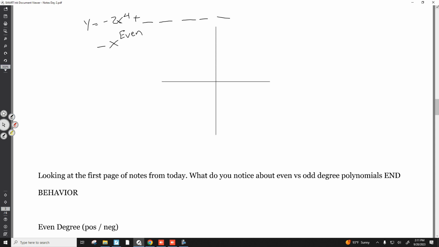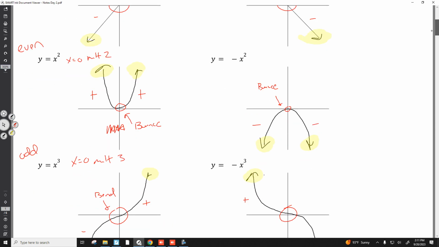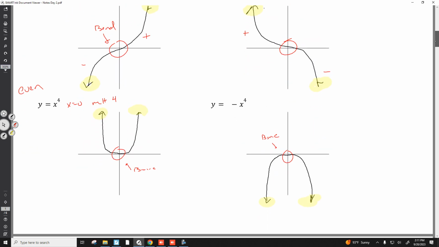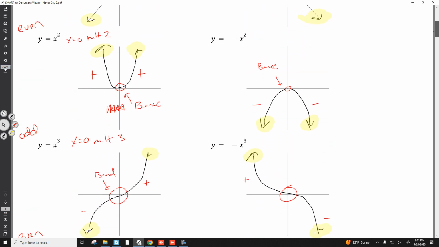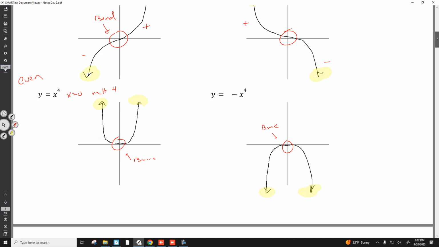Going back to our first page, the arrows were the ends of our graph. If we paid attention, we saw the consistencies. X squared, x to the fourth, were up and up or down and down.